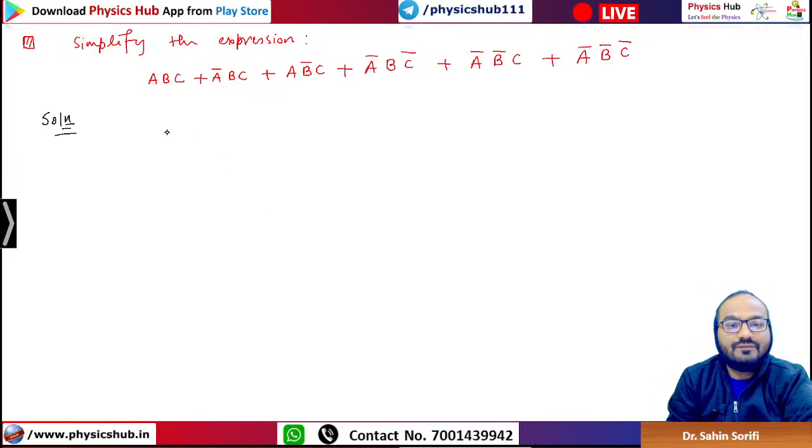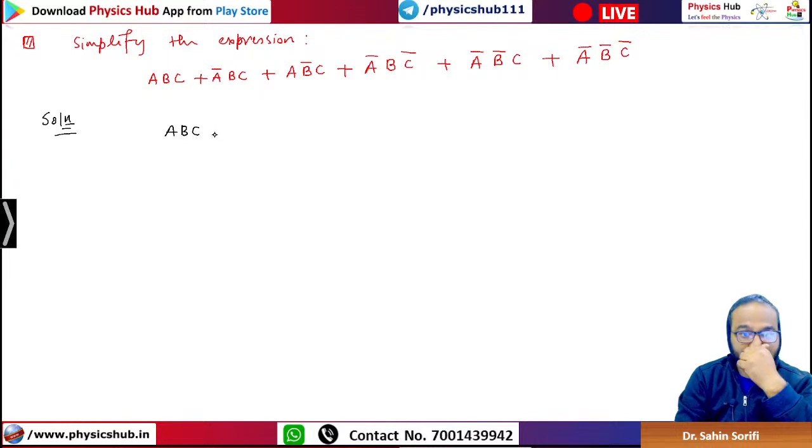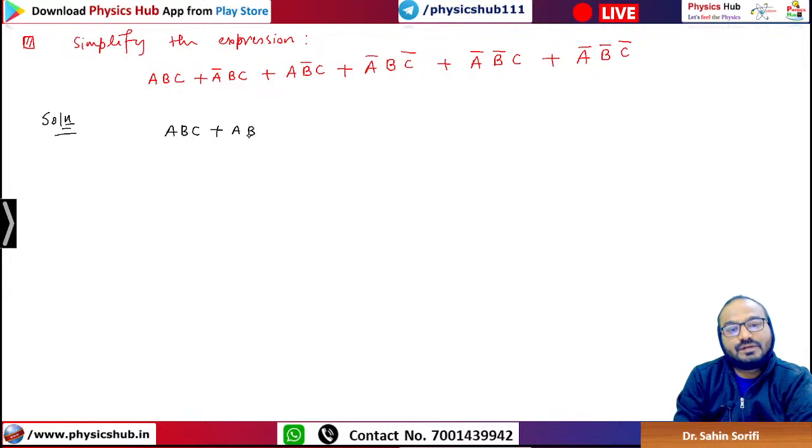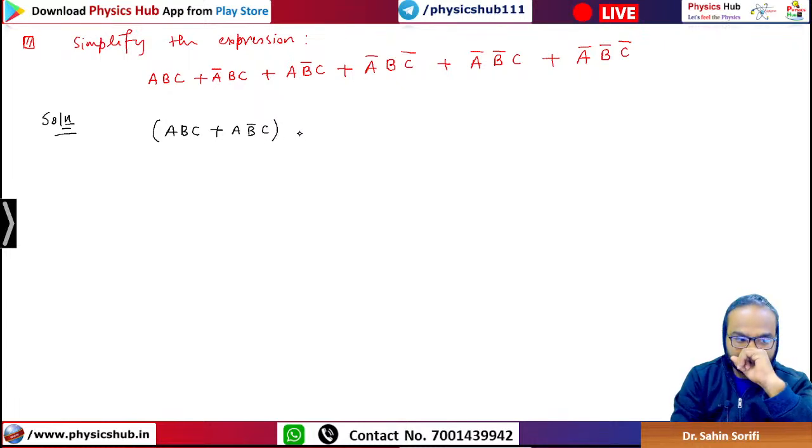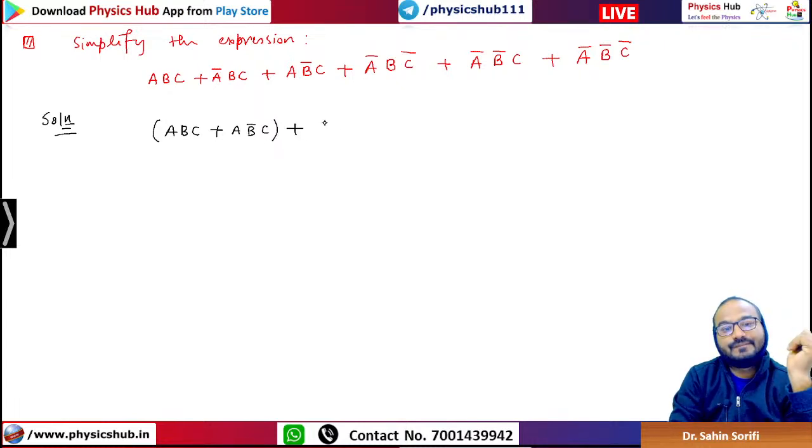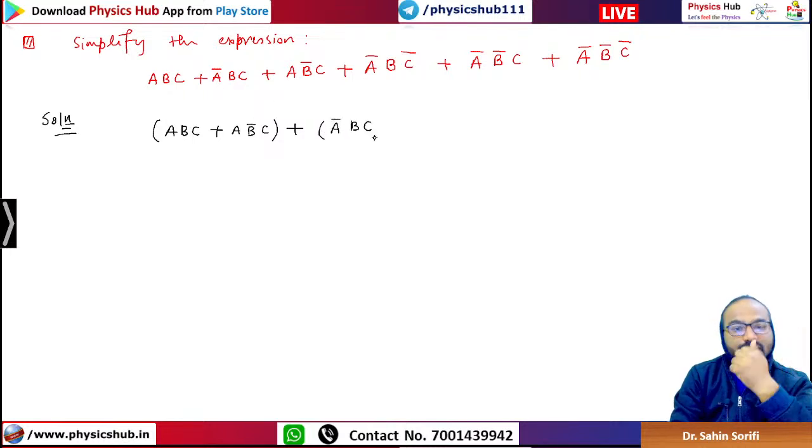Look, if I take A, B, C and here A, B complement, C, then you can take AC common, then B and B complement will make a formula. Next, A complement B C. Try to find some term from where we can take common.